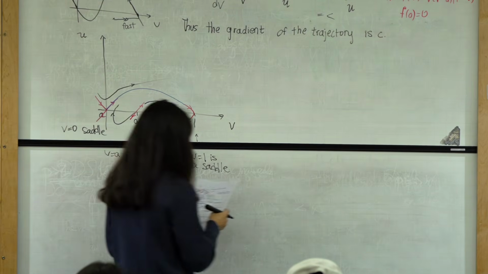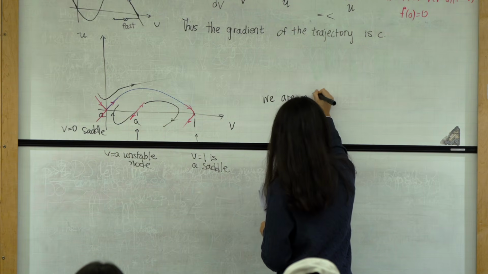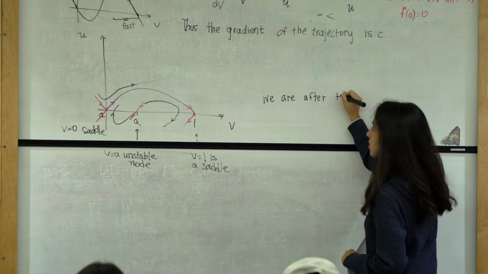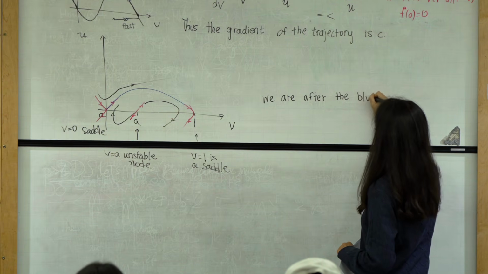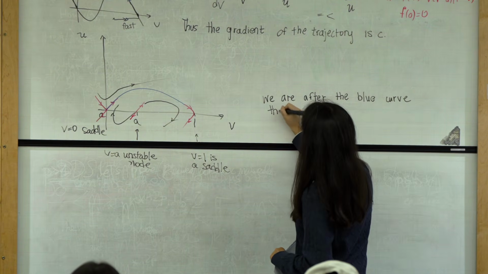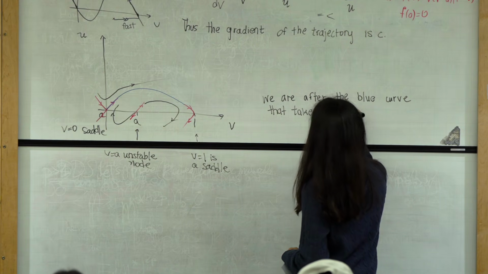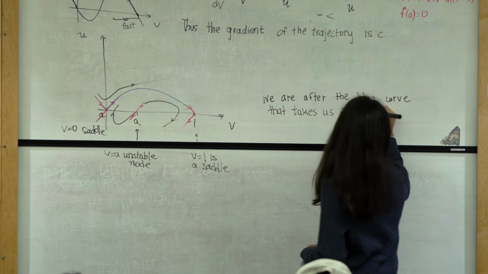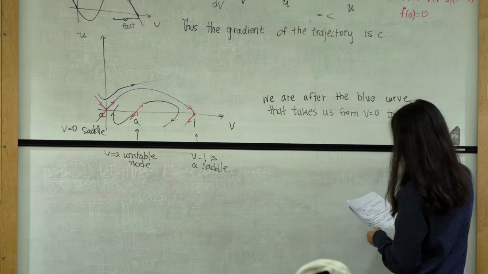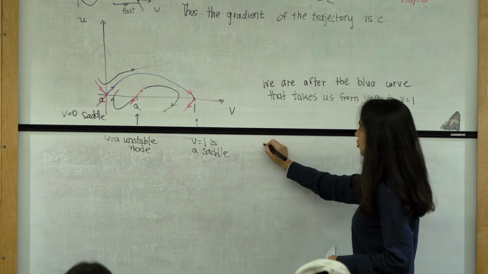Okay, so basically what we are after is the blue curve that takes us from the point v equal to 0 to v equal to 1. Okay, so this is basically a shooting problem.